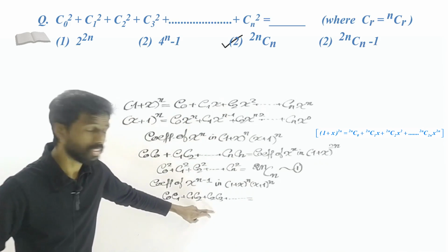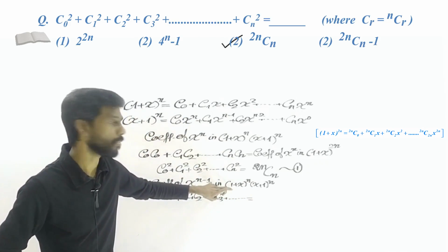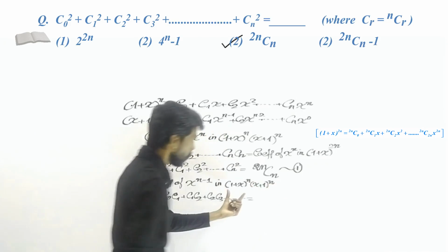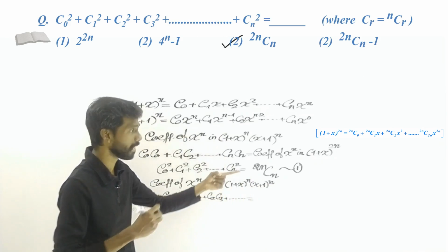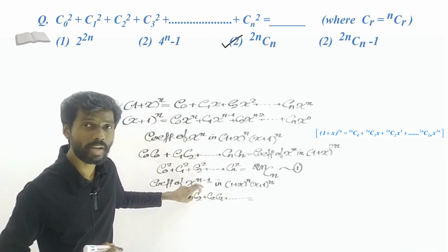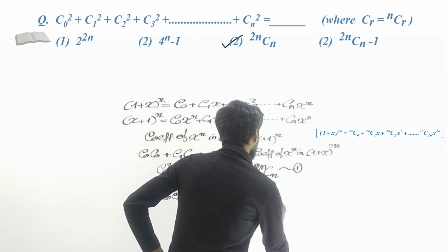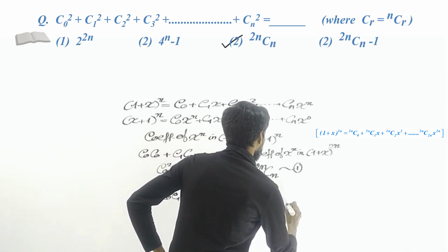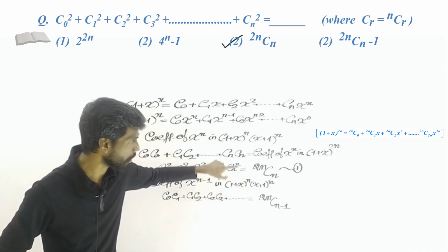So this is the same as the coefficient of x to the power n minus 1. So this is the same as 1 plus x, again 1 plus x, so it is x plus 1 to the power 2n. That is the same thing, 1 plus x to the power 2n, but this time we need the coefficient of x to the power n minus 1. So here instead of 2n Cn, it will be 2n C n minus 1. That is the coefficient of x to the power n minus 1 in this same product.